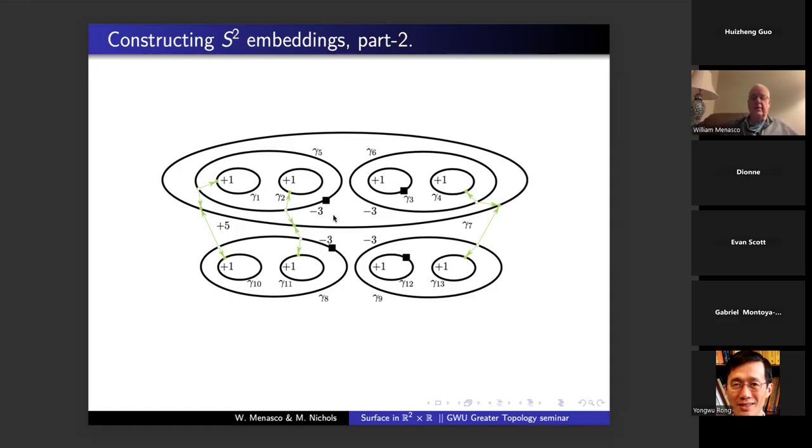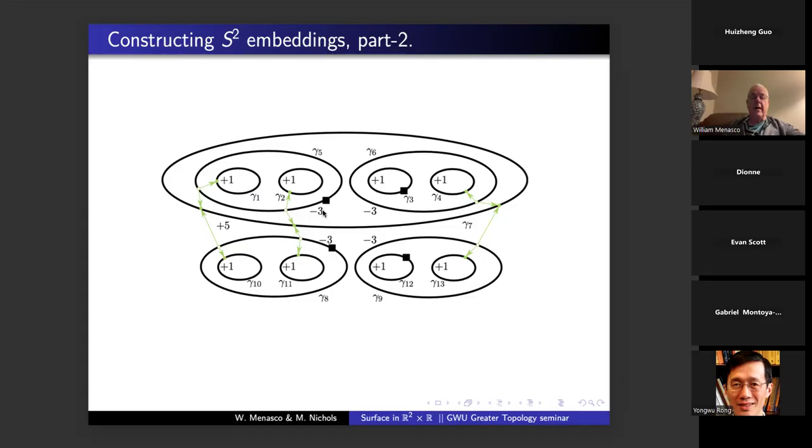So you make that initial assignment where you put a black box on so many curves, with this feature that every region except for these disk regions is adjacent to exactly one curve that has one black box. Then on those curves, you put in so many dots as you need. So I want a weighting of minus three here.